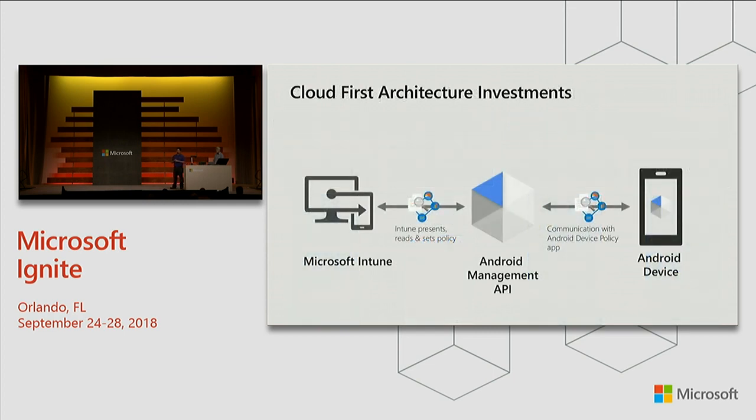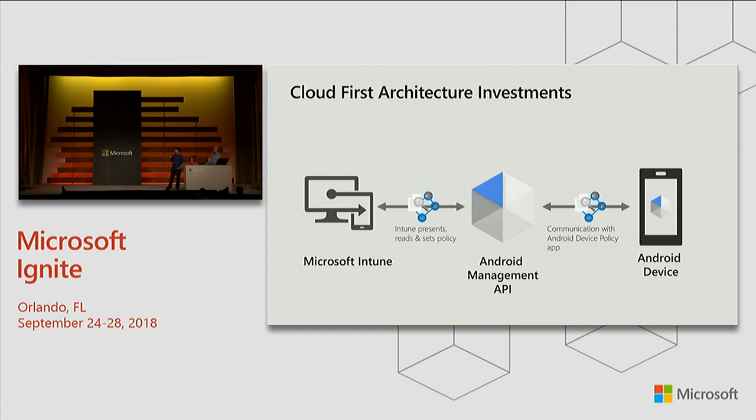We're actually introducing something new. And we wanted to share the actual underlying architecture that underpins the Android Enterprise dedicated device support in Intune today and will underpin the fully managed device support for personally assigned devices. And that's something called the Android Management API.